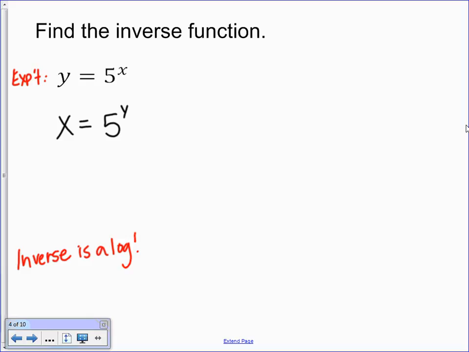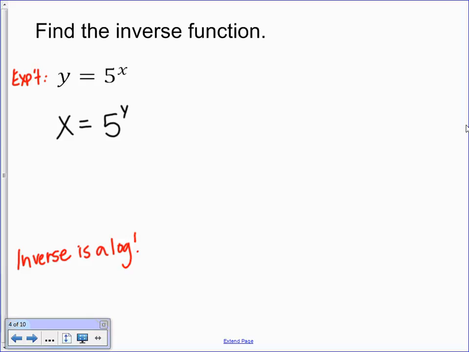Your next job with this equation is to make it look like y equals something. Well, we're kind of at a weird place because y is up in this exponent. A lot of people might initially think about dividing both sides by 5, but it's not 5 times y, so division doesn't undo this process.